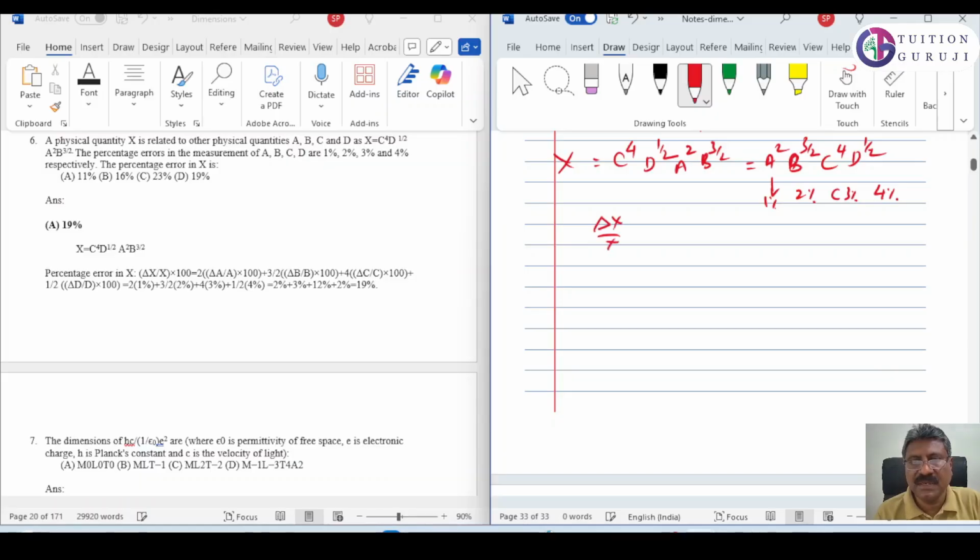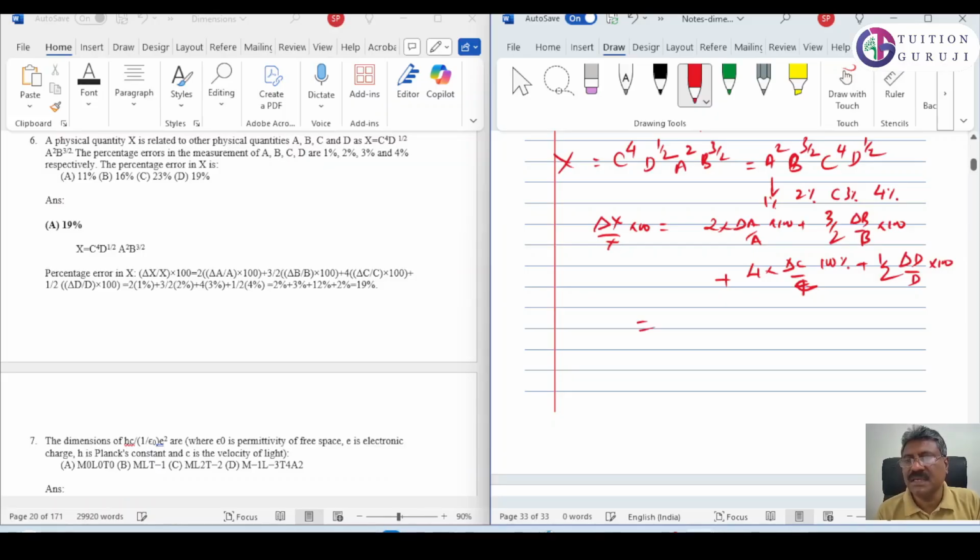So delta X by X into 100 is equal to 2 into delta A by A into 100% plus 3 by 2 delta B by B into 100% plus 4 into delta C by C into 100% plus half into delta D by D into 100%.